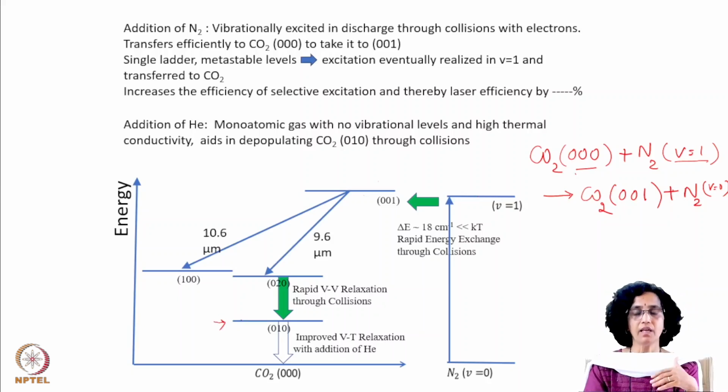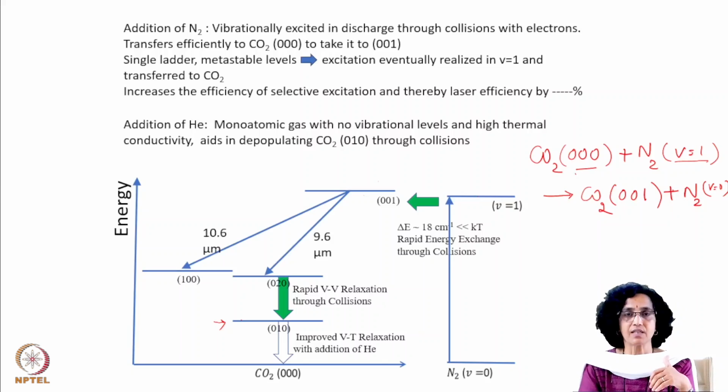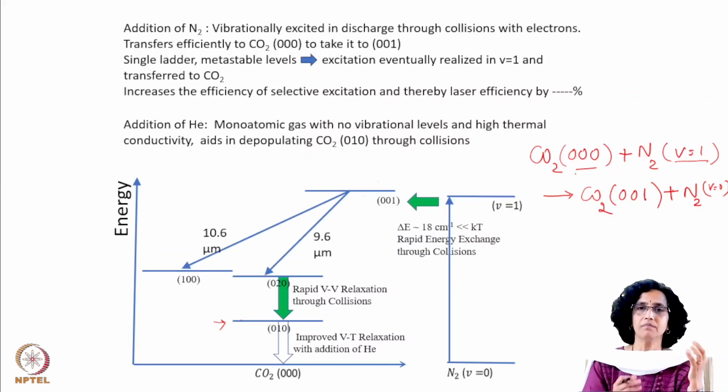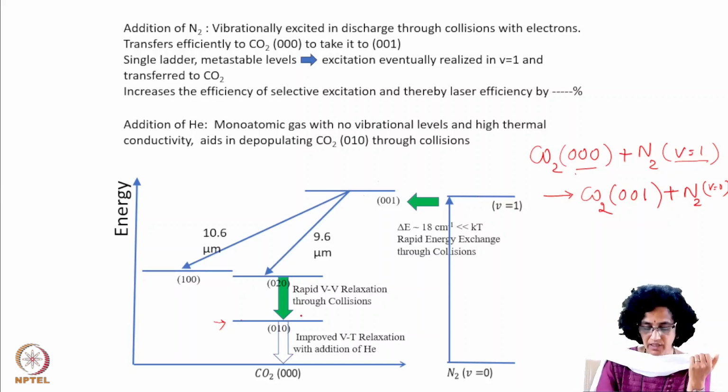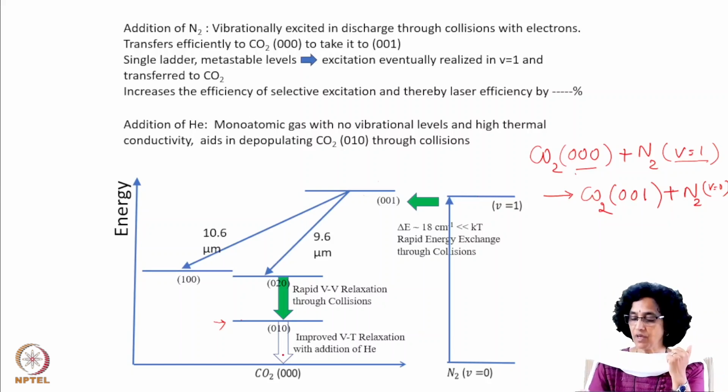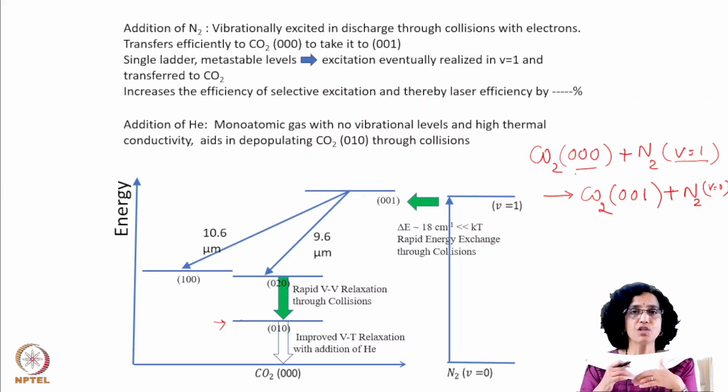Now this is anyway through VT relaxation, and VT relaxation means you need another molecule to actually collide with CO2 in this level and carry away that excess energy, bringing it to the ground. So this is achieved by addition of a large amount of helium. So what does helium do?